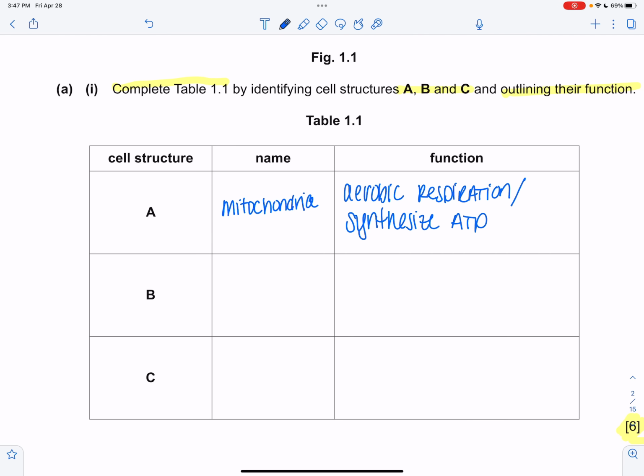So area B is the rough endoplasmic reticulum. And its job is for transporting proteins through their membranes.